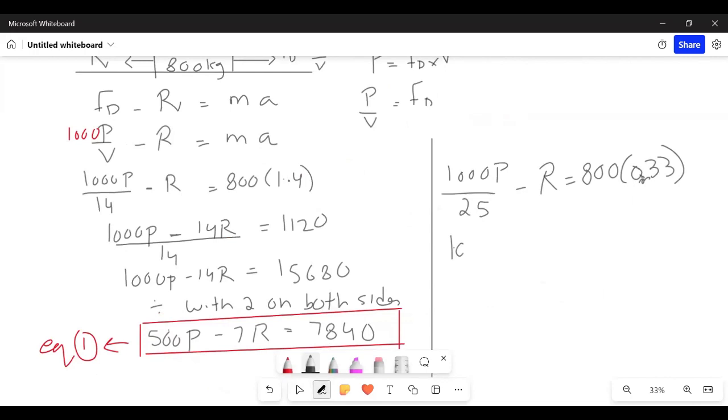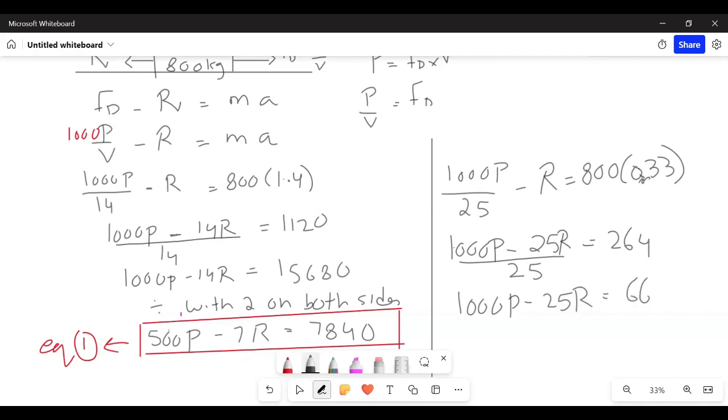Okay, so 1000 P minus 25 R upon 25. We've started by taking LCM so that we can send 25 on the other side, is equals to 264. Now 1000 P minus 25 R is equals to 6600, and then divide both sides by 5.